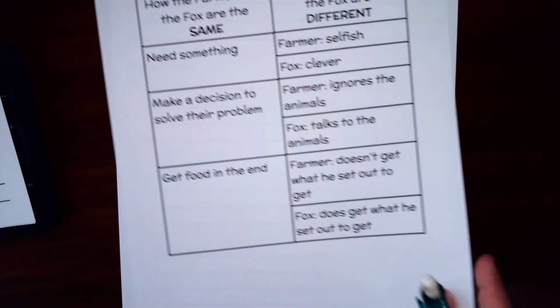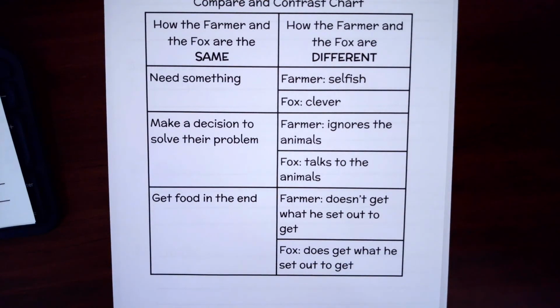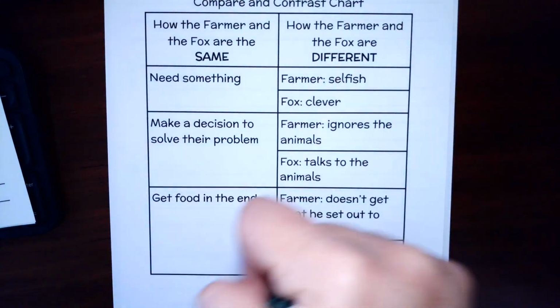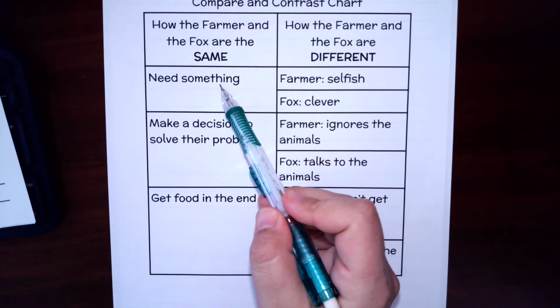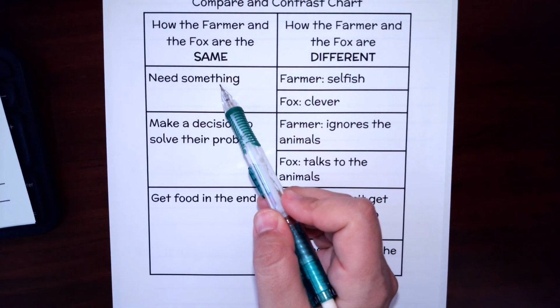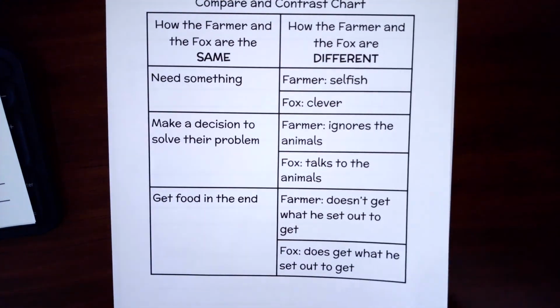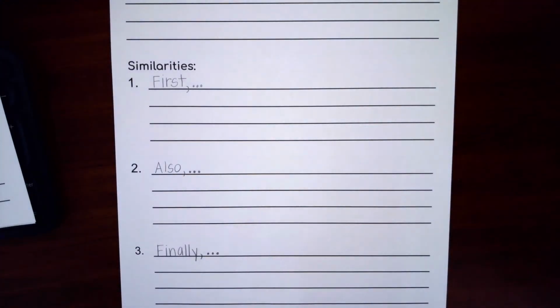So if we go back to our chart, we know that this column right here tells us how the fox and the farmer are the same. We know that the fox and the farmer both need something, that the farmer needed or wanted firewood, and that fox wanted the crow's cheese.